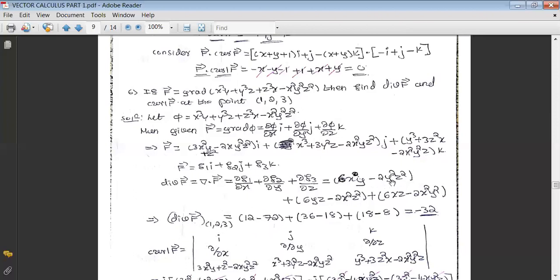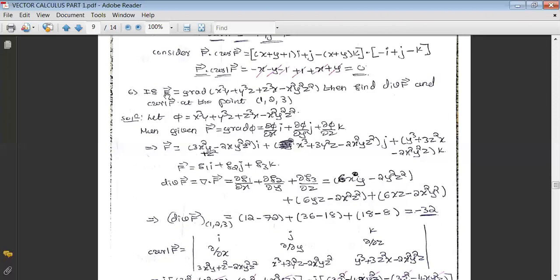Y square z square is 4 into 9, that is 36 into 2, that is minus 72, plus 6yz, y is 2, z is 3, 6 into 6, 36, minus 2x square z square, 9 into 2, that is minus 18, plus 6zx, that is 3 into 6, 18, minus x square y square, that is 4 into 2, that is 8, and once you simplify this, its value is going to be minus 32.